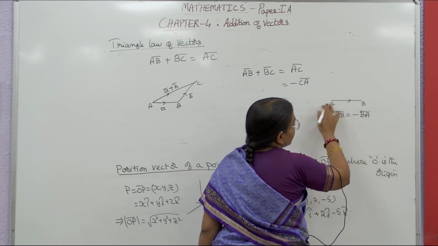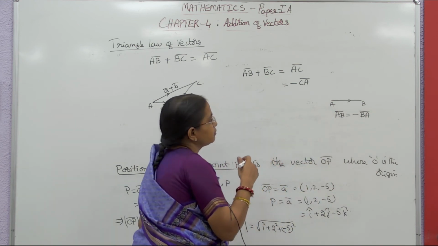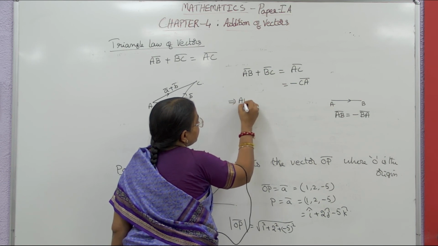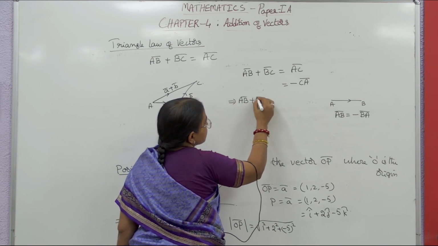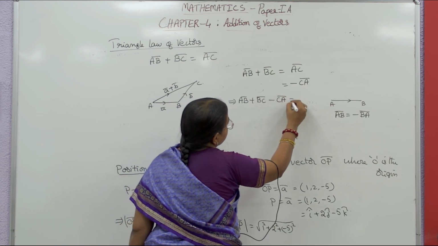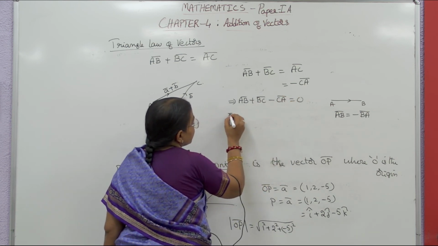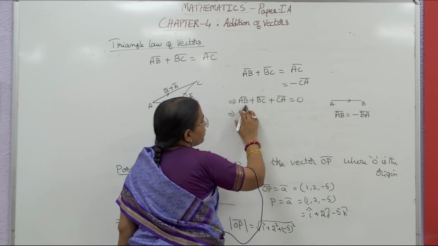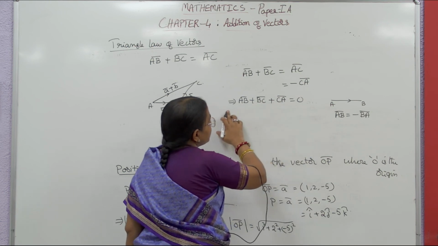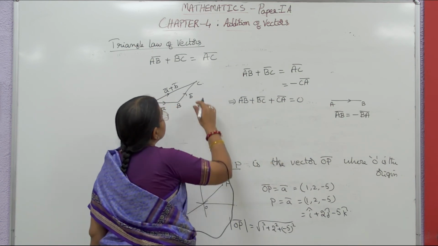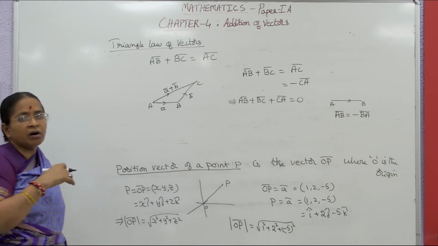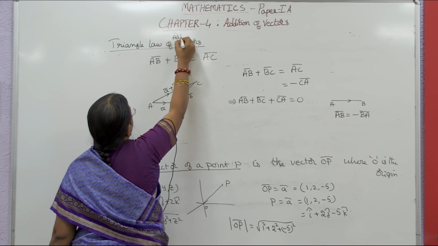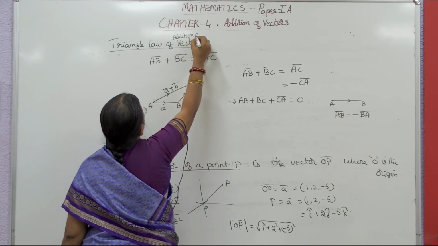If you write like this, then AB plus BC plus minus CA is equal to 0. When minus CA comes to this side, it becomes plus. So AB plus BC plus CA is equal to 0. So this is the triangle law of addition of vectors.